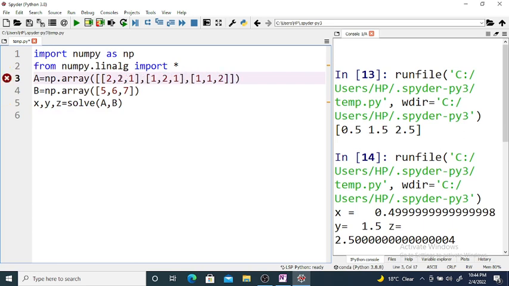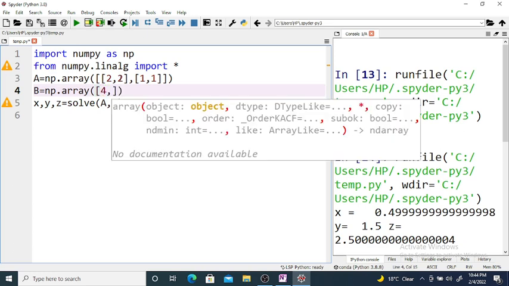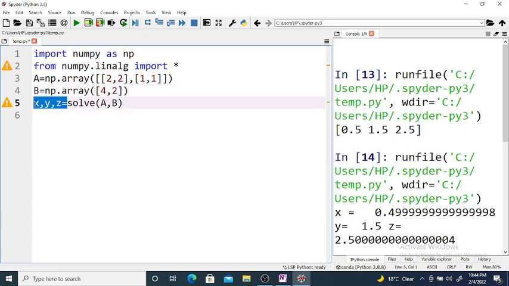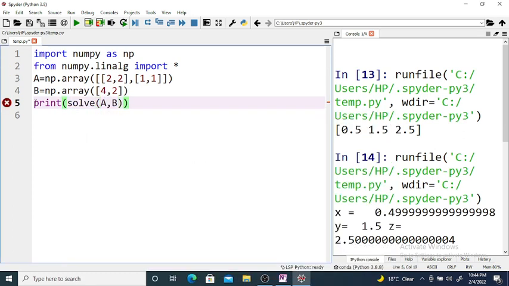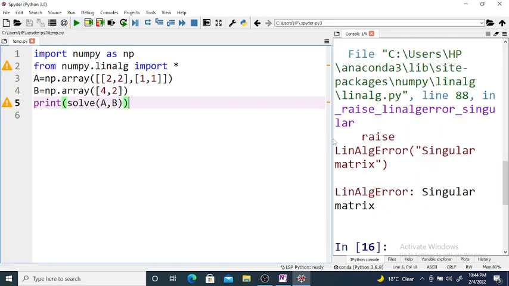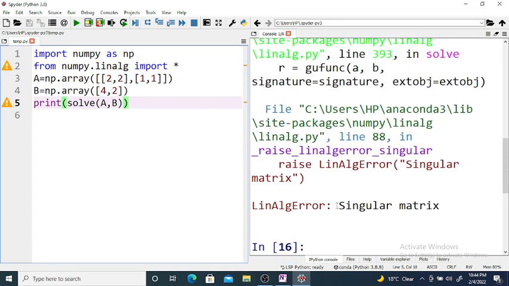If you write print(solve(A, b)), you can see a singular matrix error, because the determinant of this matrix is 0.